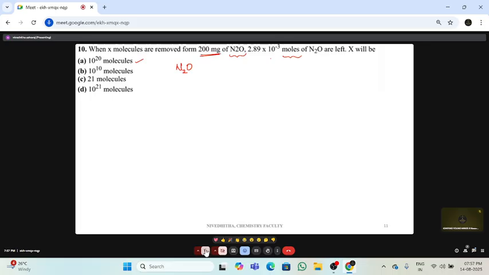Subtract both, and you'll get the value of X, the quantity of molecules removed from the given quantity of nitrous oxide. So first let me know the number of molecules present in 200 milligram of nitrous oxide. You have to use the mole concept again.